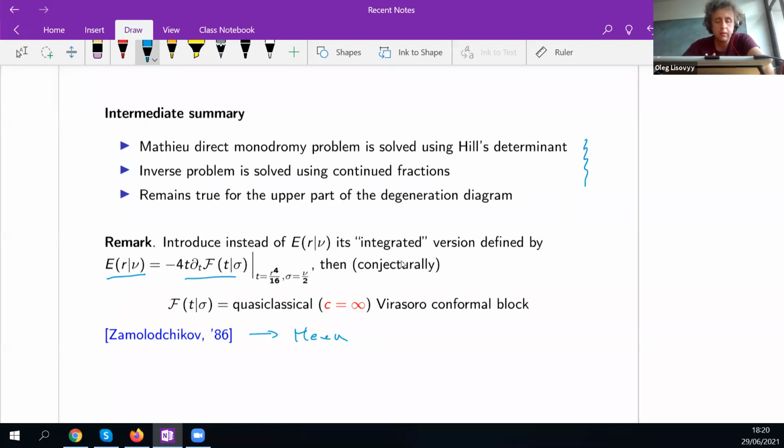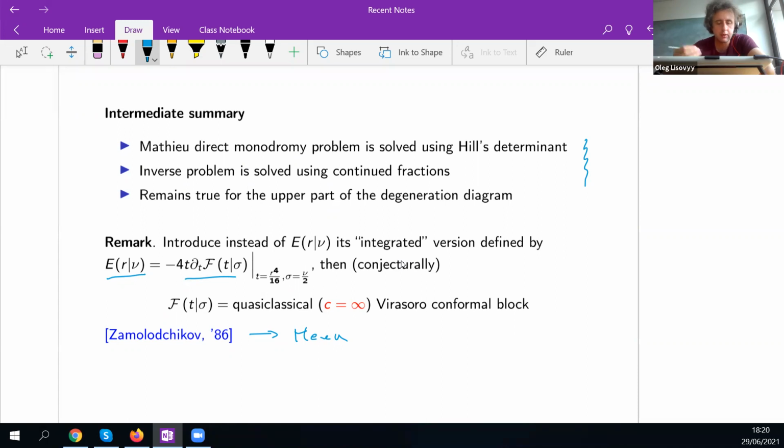And another thing which is unclear to me is the status of the existence of these quasi-classical Virasoro conformal blocks.